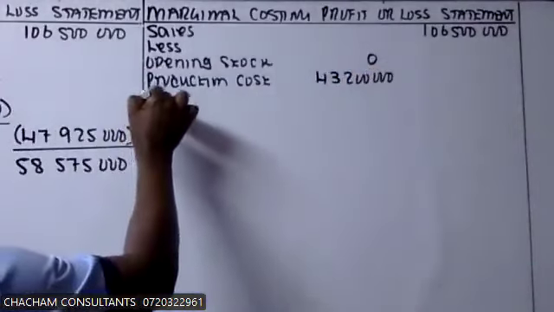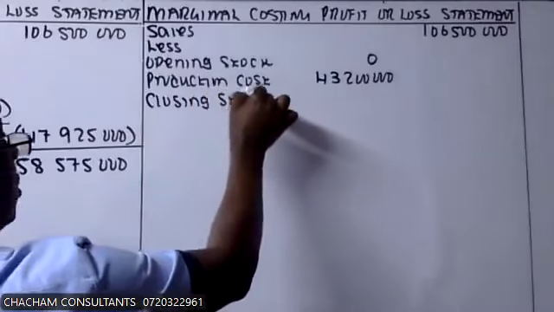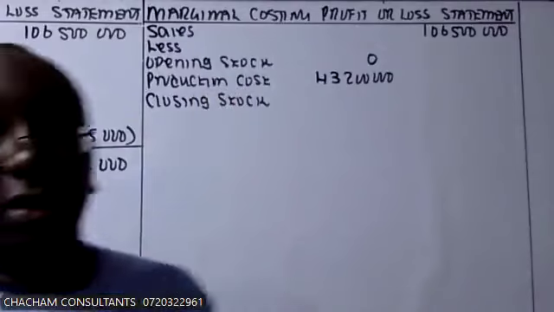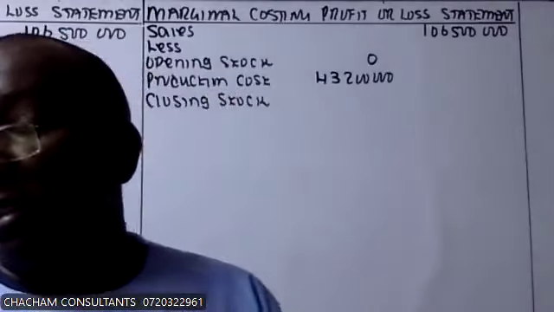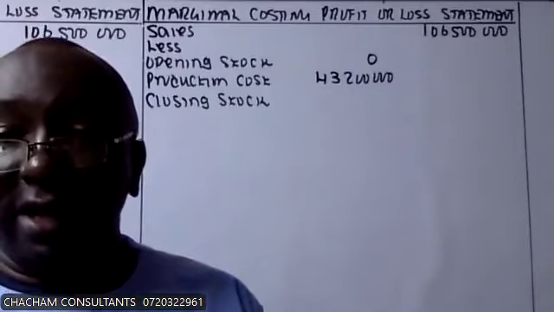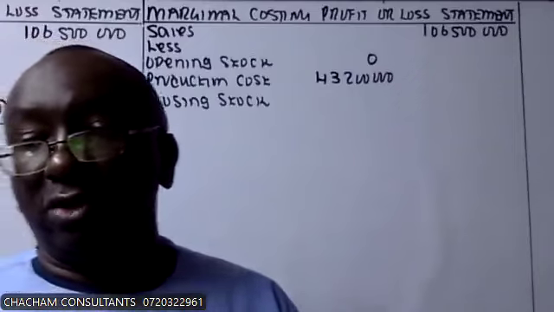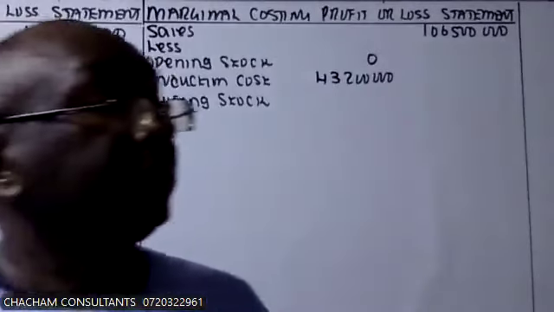Then we have the closing stock. For closing stock, you will take 1,800 times the units of closing stock, which were 2,700.